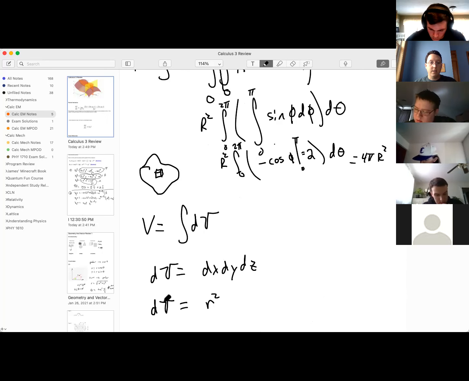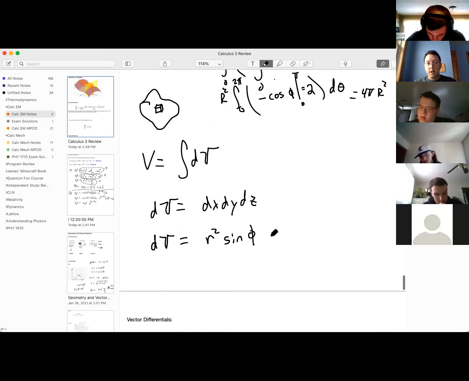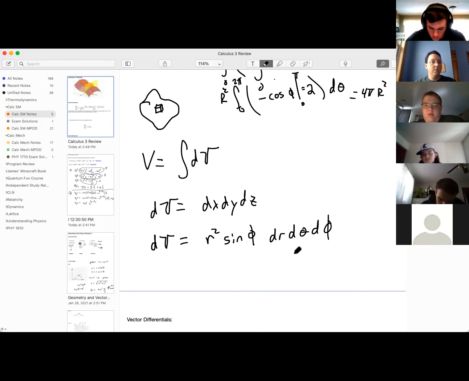Now r, because I'm integrating over volume, is a variable, not fixed, so I'm going to use lowercase r. This is the same r squared sine phi that we had above, times all 3 differentials. You guys remember seeing that before? Stephanie probably would have said rho squared sine phi d rho, but I'm going to say rho to mean charge density.